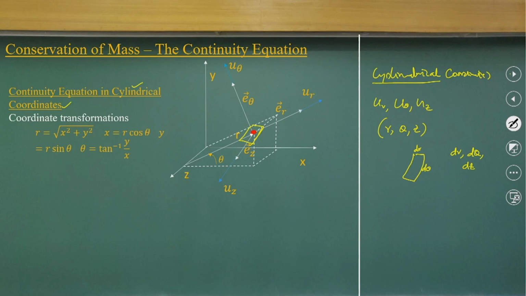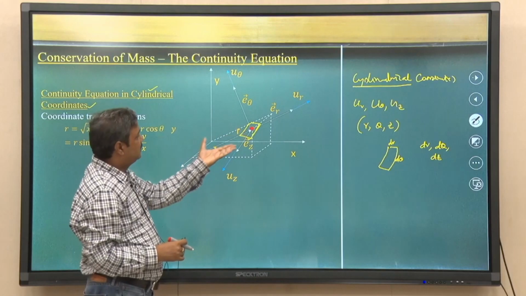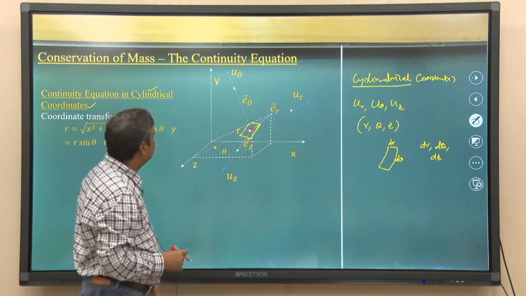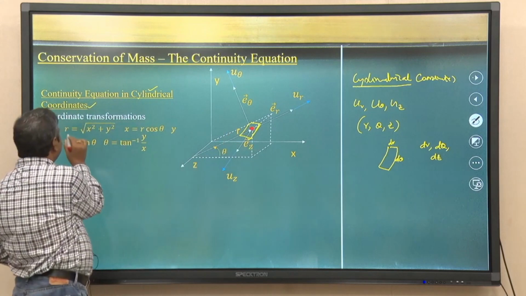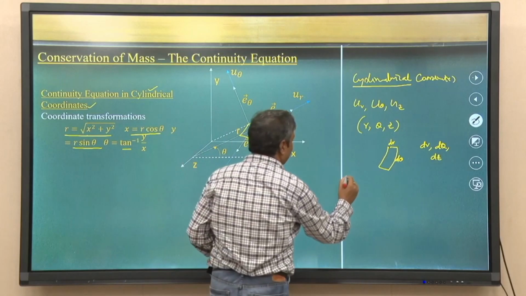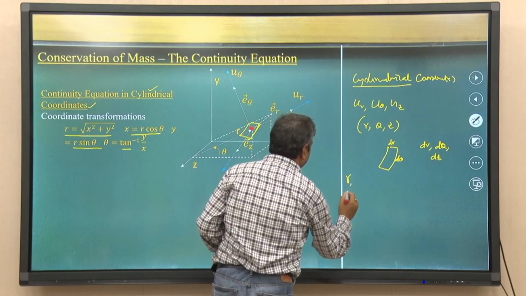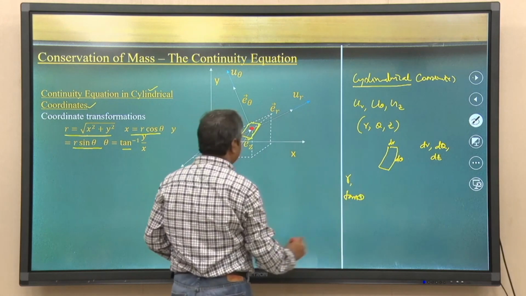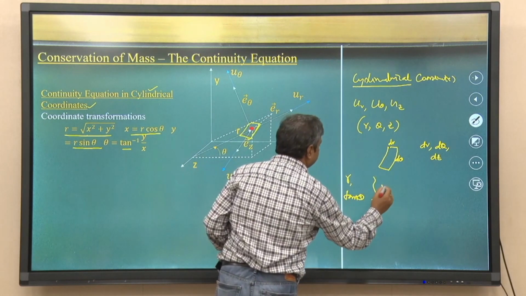So, as you consider the cylindrical coordinate element, you know the conversion from cylindrical coordinates to Cartesian coordinates, having the relationship between r, theta and x, y.